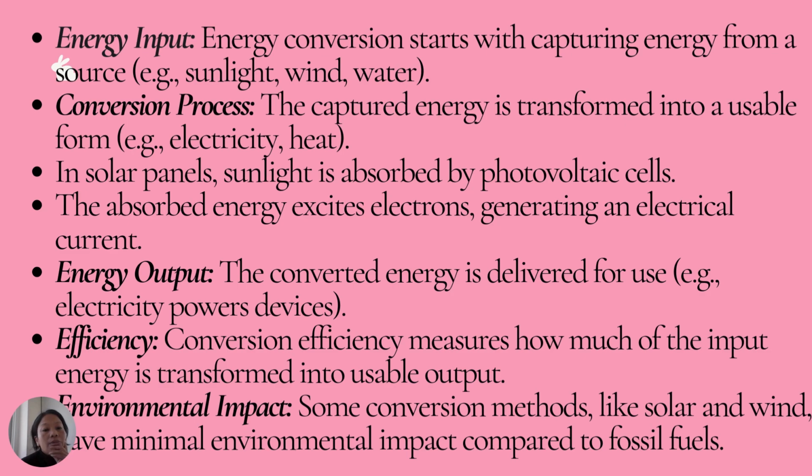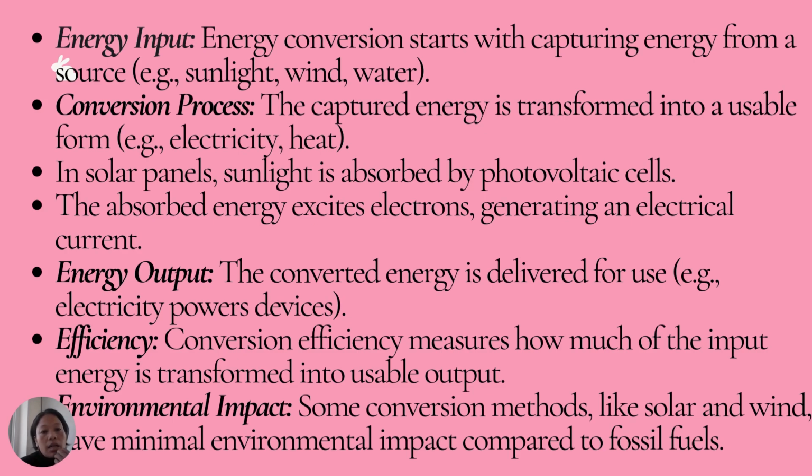So energy inputs are usually the things which we capture from nature, like the sources, as we have already stated: sunlight, wind, water. And what do we do to that energy?